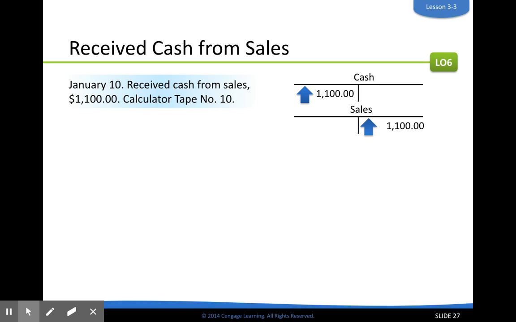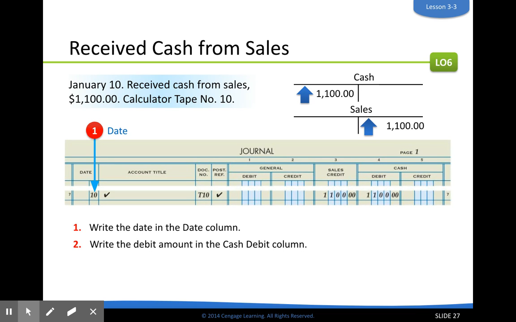Now this is unique or special because both of these accounts have special account columns. So we have our sales credit and we have our cash debit. We don't have to write anything in the account title column because we're using two special accounts.